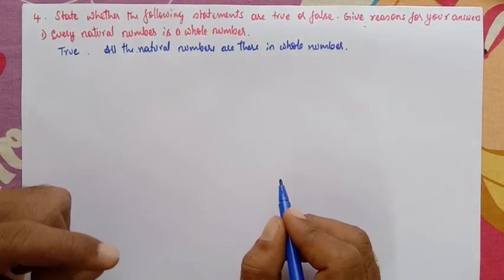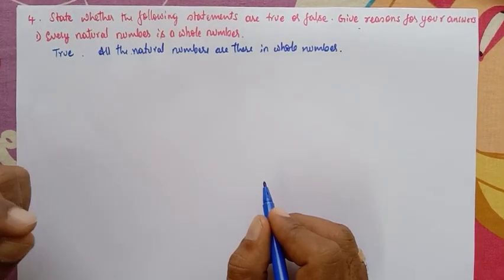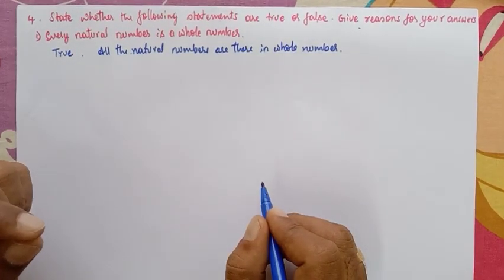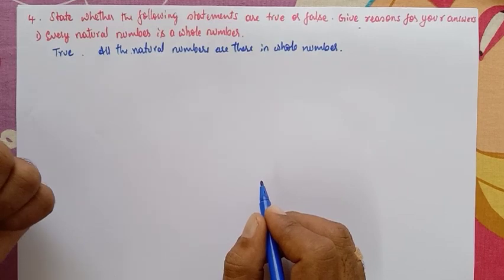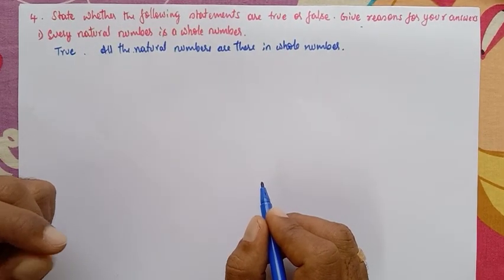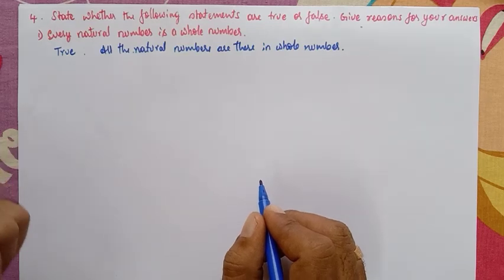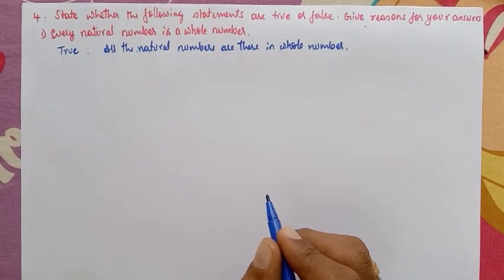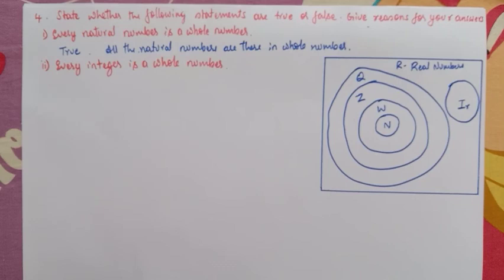In the set of whole numbers, the extra number is 0, which is not there in the natural numbers. So let us move on to the next one.